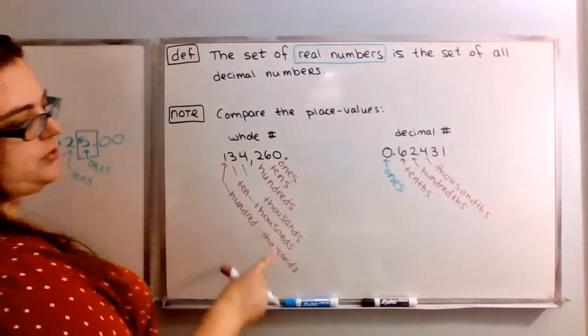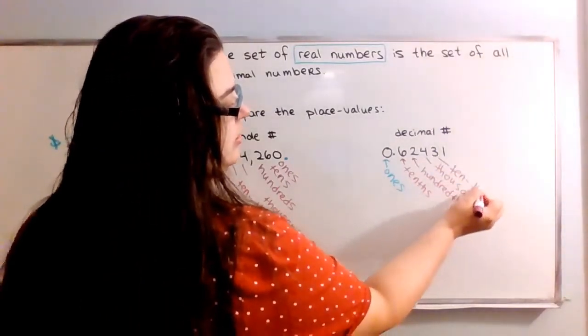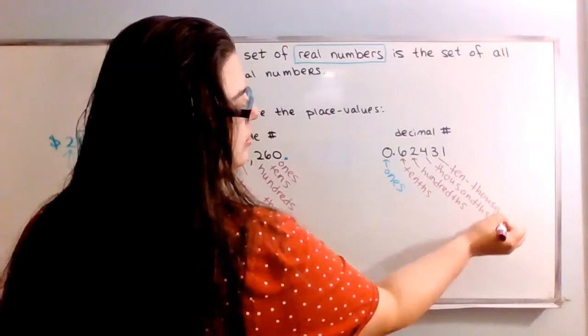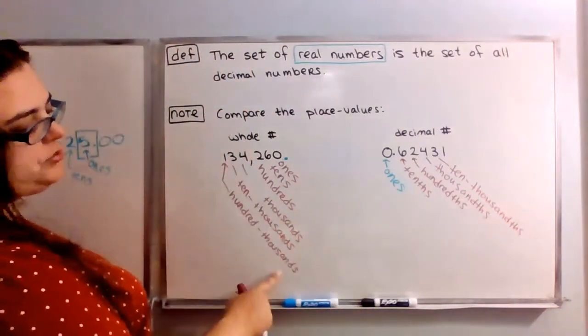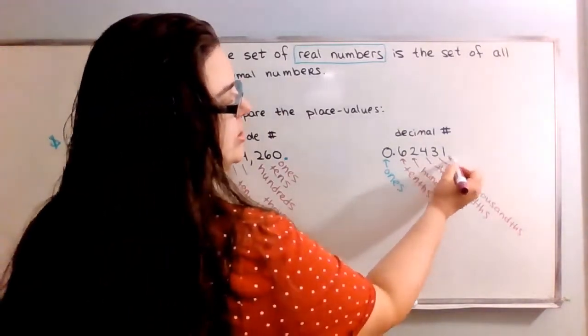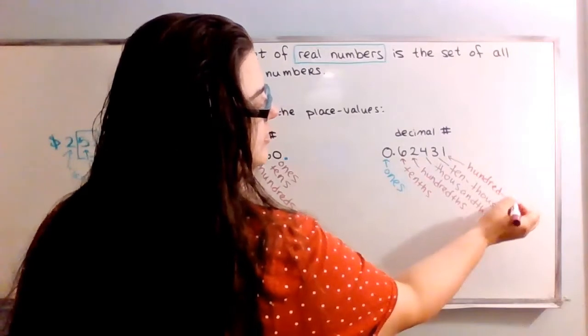Next came the 10,000s. So this will be the 10,000ths. And lastly, we had 100,000s. So this last digit here is in the 100,000ths.